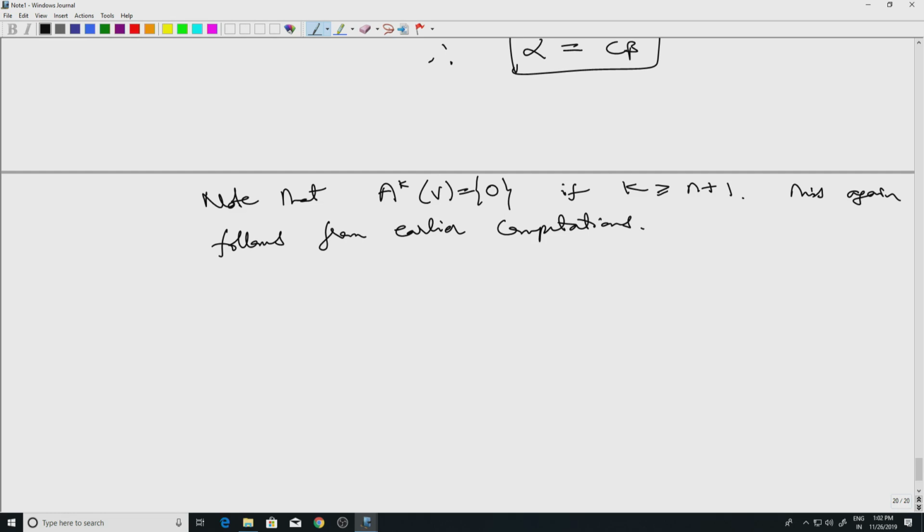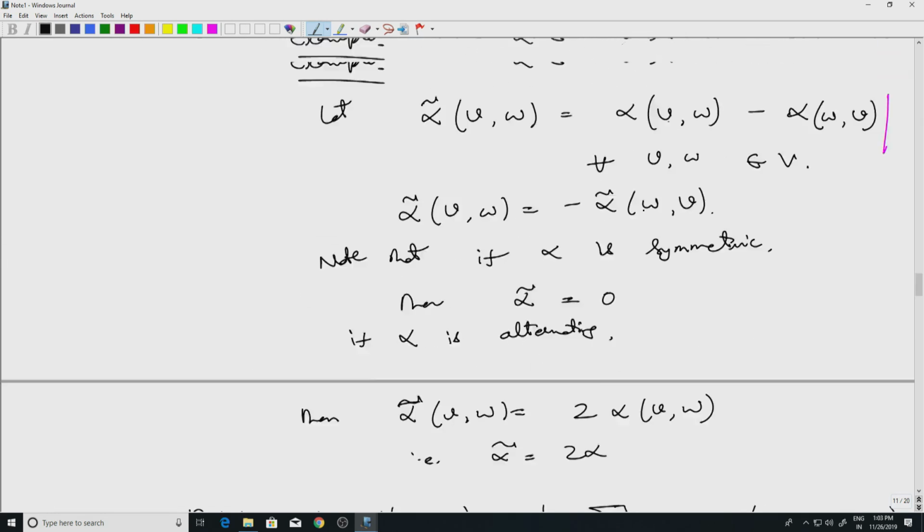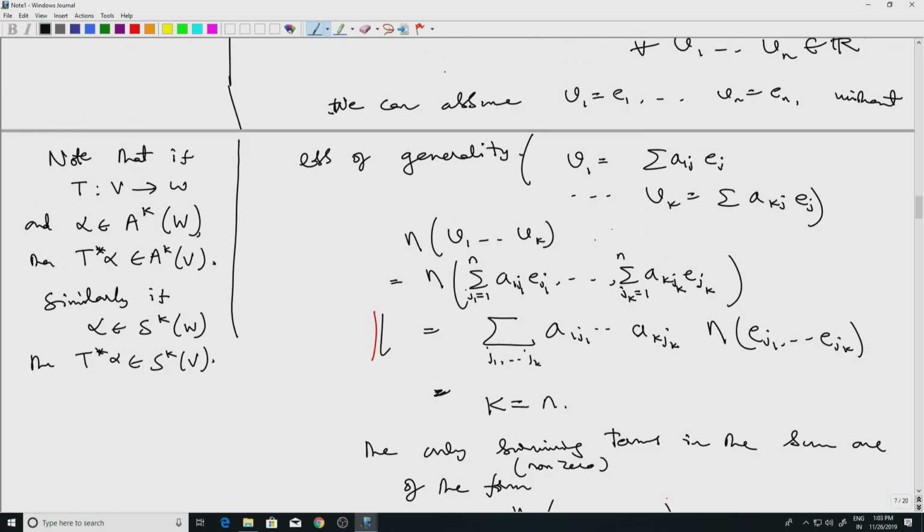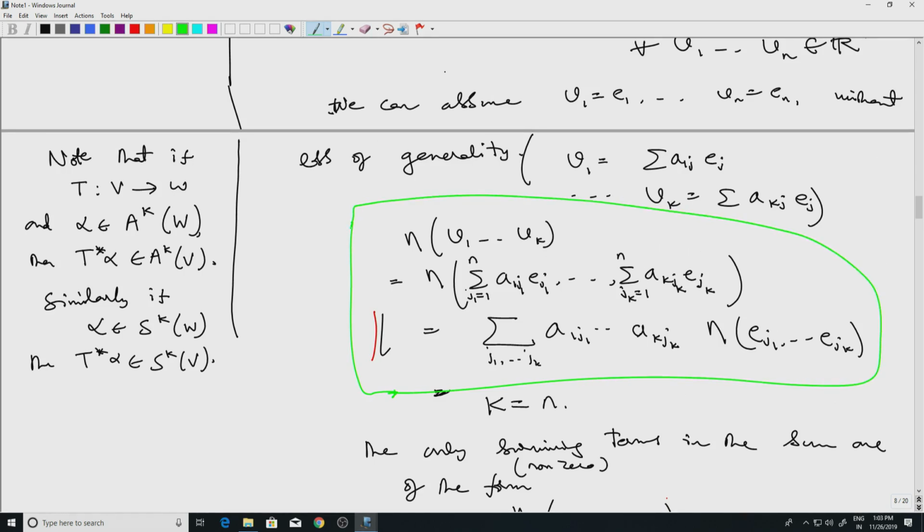The reason is, let's go back to that pullback example that I did, and let's look at this thing here. I started with a form of degree k, and then I wrote eta(v1, ..., vk) in terms of some constants and the specific values eta(e_j1, ..., e_jk).